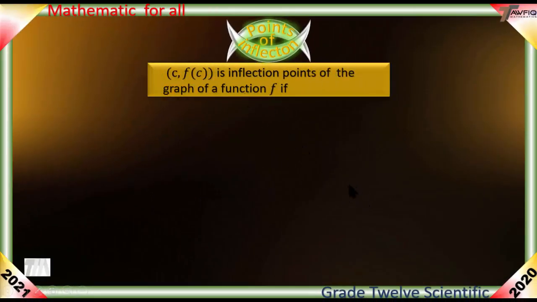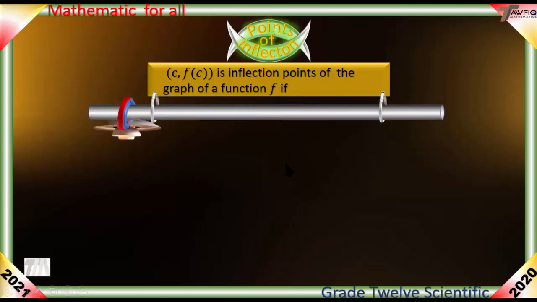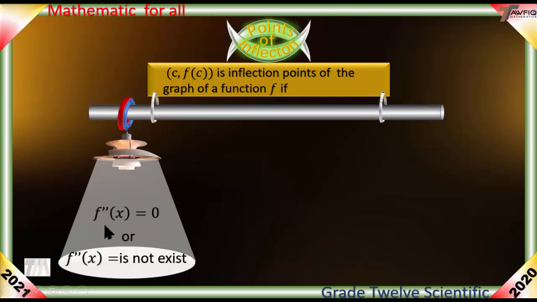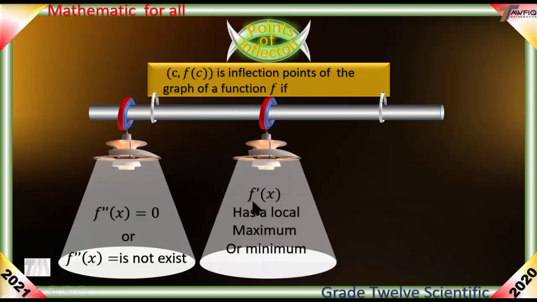Point of inflection. (c, f of c) is an inflection point of the graph of a function if f double prime, that means the second derivative, is equal to 0 or does not exist or is not defined, and f prime has a local maximum or a local minimum.